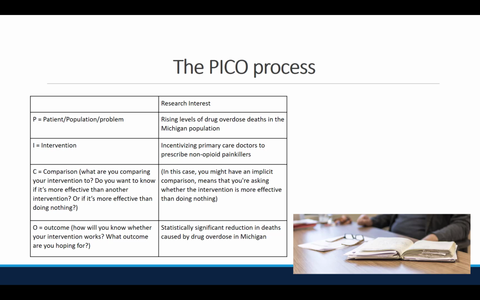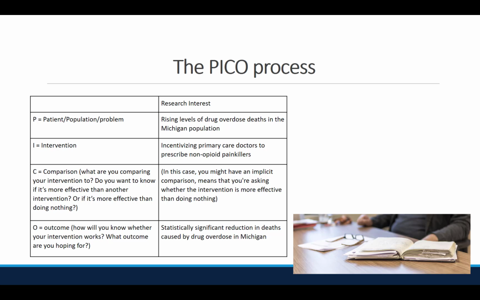Once you've filled out the table, you should be able to formulate a good clinical question. For the example above, the resulting research question might be, can incentivizing primary care doctors to prescribe non-opioid painkillers significantly reduce the rate of death by drug overdose in Michigan?